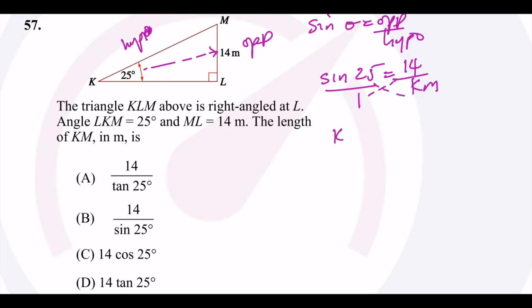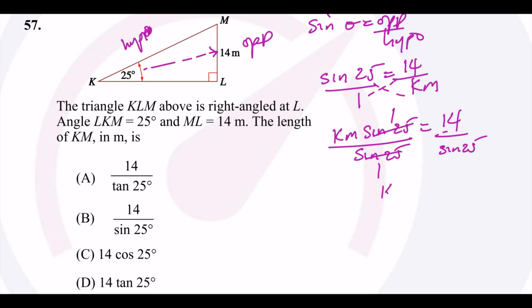So we have KM sine 25 is equal to 1 times 14, which is 14. So hence, to find KM, we're going to divide both sides by sine 25. So KM is equal to 14 over sine 25. Which one matches? That matches B.